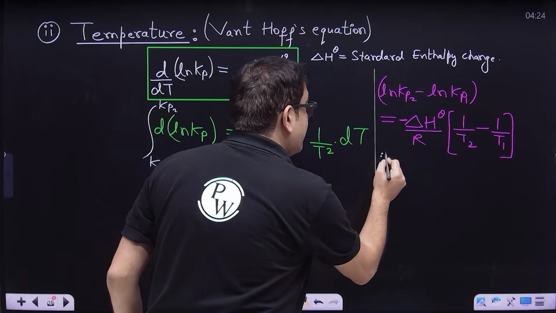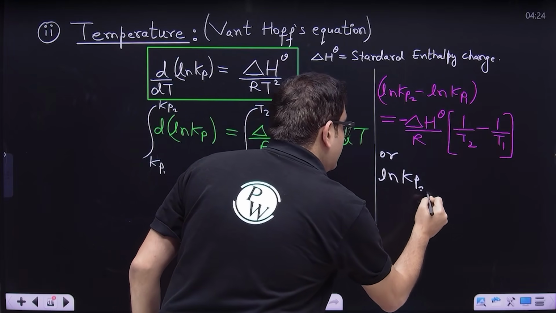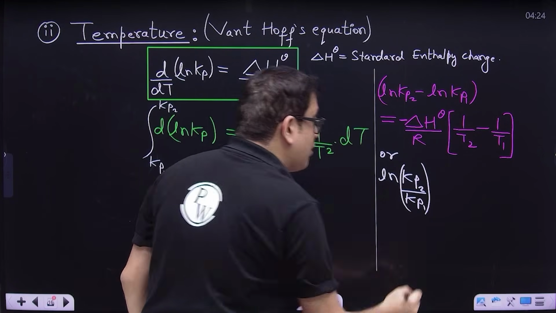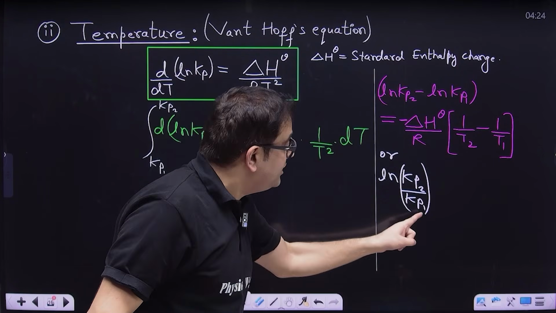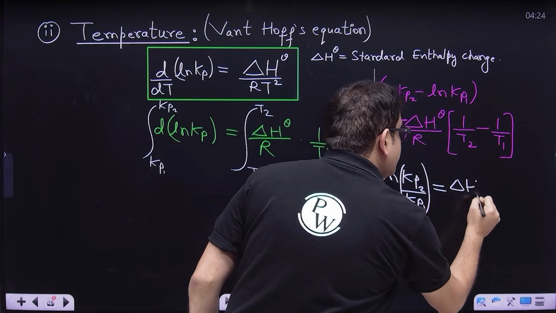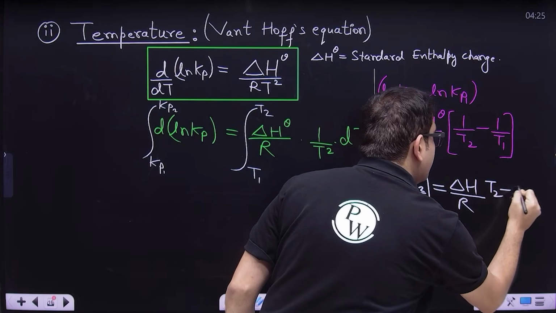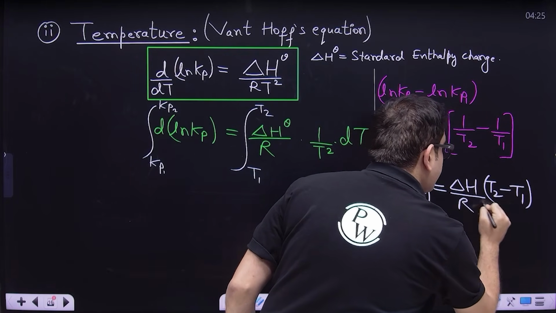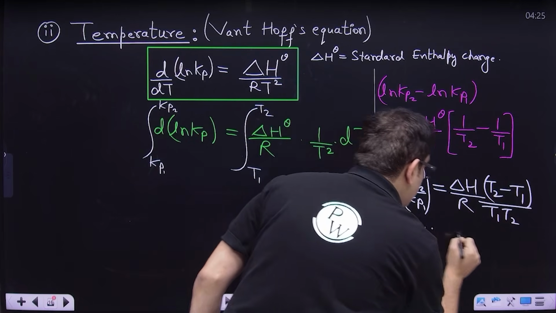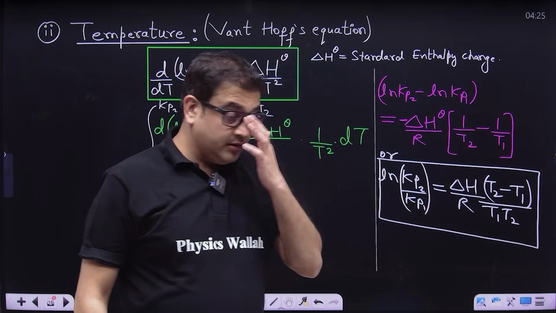So the formula becomes ln of Kp2 upon Kp1, which are the two equilibrium constants at two different temperatures, T1 and T2, equal to delta H upon R. In the numerator, you will get T2 minus T1, and take the LCM as T1 into T2. This is your formula. We will be discussing this again in thermodynamics.